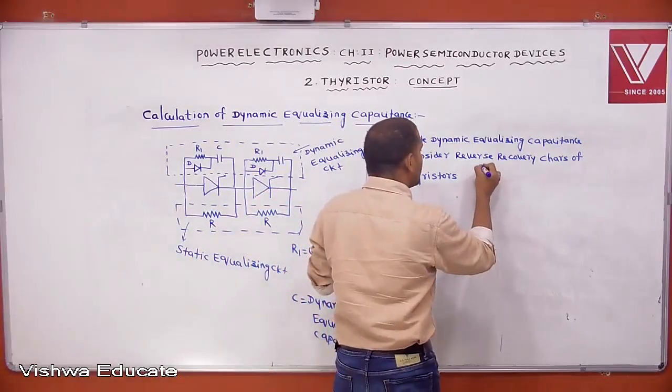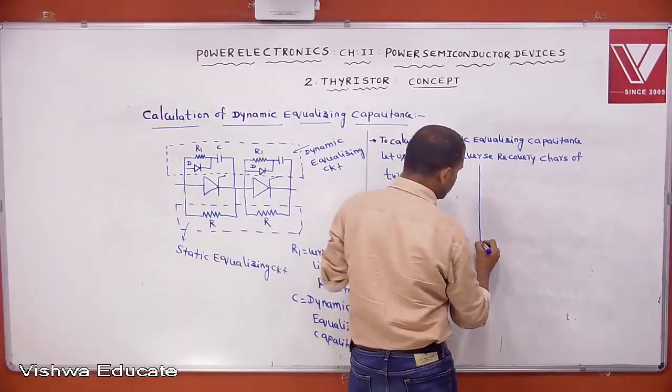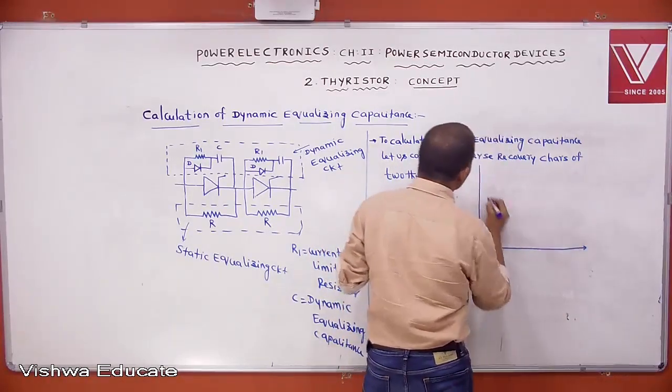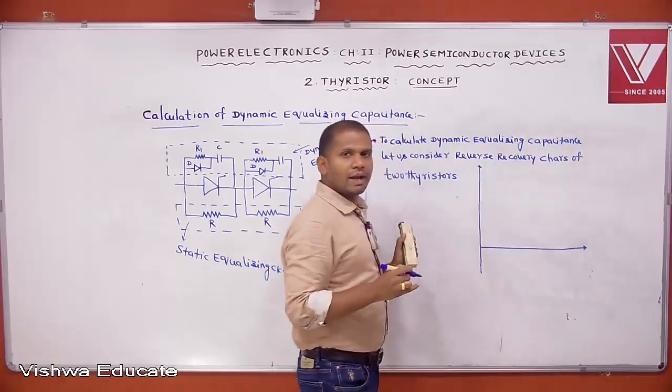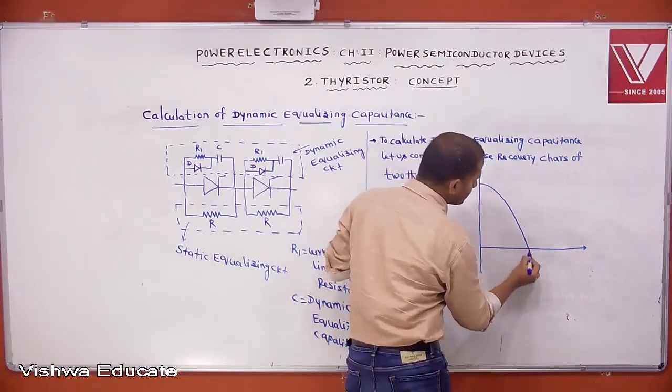These are the reverse recovery or turn off characteristics of two thyristors that I am drawing here. During turn off of a thyristor, this characteristic is seen.